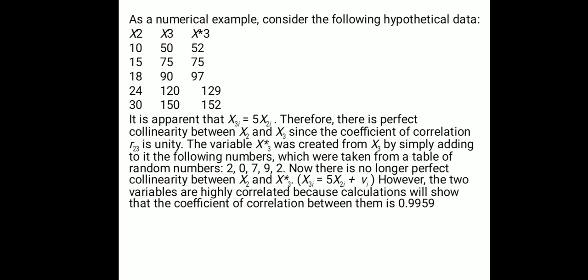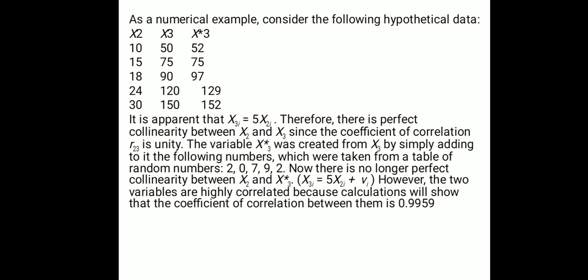So x3 star is 50 plus 2, 52; 75 plus 0 is 75; 90 plus 7, 97; 120 plus 9, 129; 150 plus 2, 152.